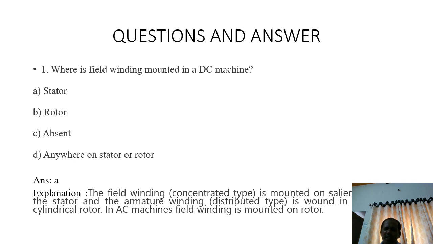C. Absent. D. Anywhere on stator or rotor. Which one is the correct answer? If it is correct, then explain how. If it is false, explain how you would state that it is false. Come on, anyone?